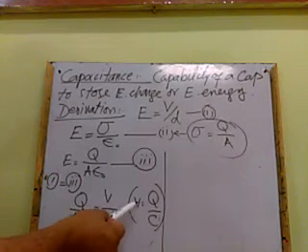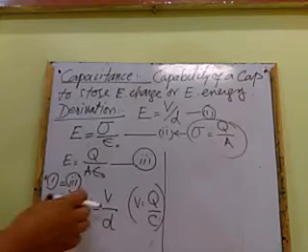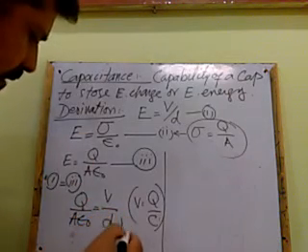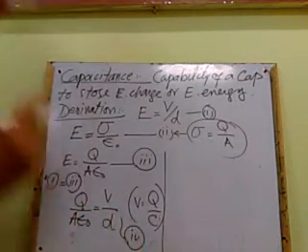Now put the value of V from this capacitor equation into this equation. This can be given equation number 4.